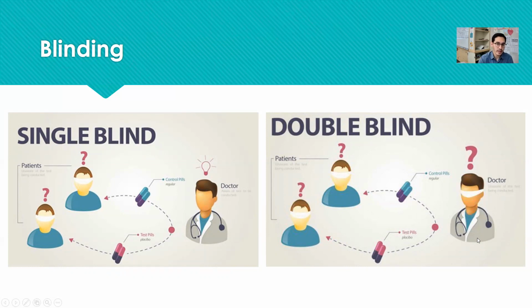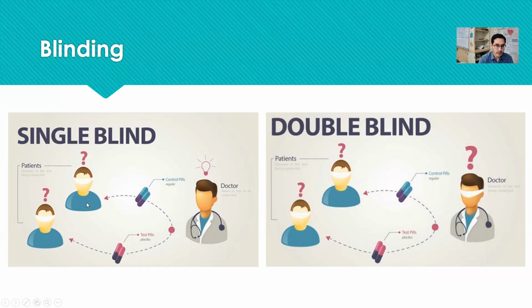And we don't want that evaluation to be biased if the doctor knows, oh, this patient received the control pills and this patient received the test pills, right? That might influence the doctor's evaluation, which could be a subjective thing, right? So we want to make sure that our doctor is giving the most objective, fair and unbiased evaluations.